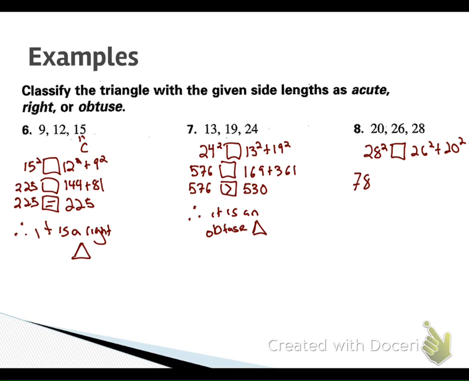So we have 784. We have 400, and what's 26 squared? 676. We add our right-hand side of the equation. 1076. Is 784 greater than, less than, or equal to? It's less than. When it's less than, what do we know?